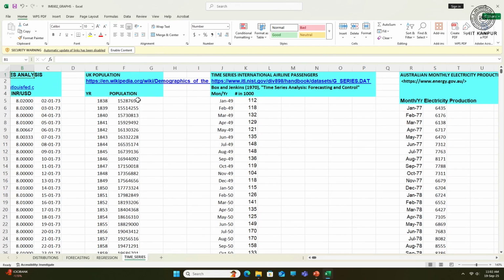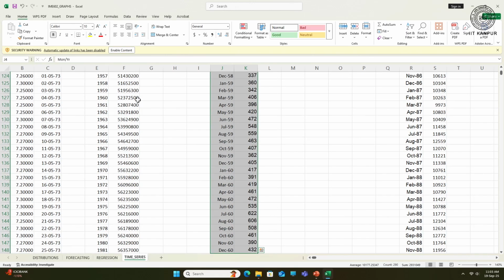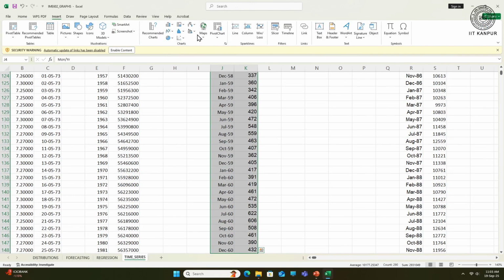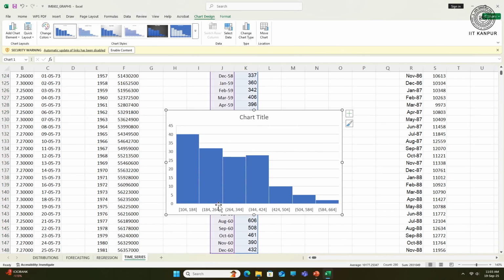Now, let us consider, for example, the airline passenger data. If I plot it, this is the histogram.